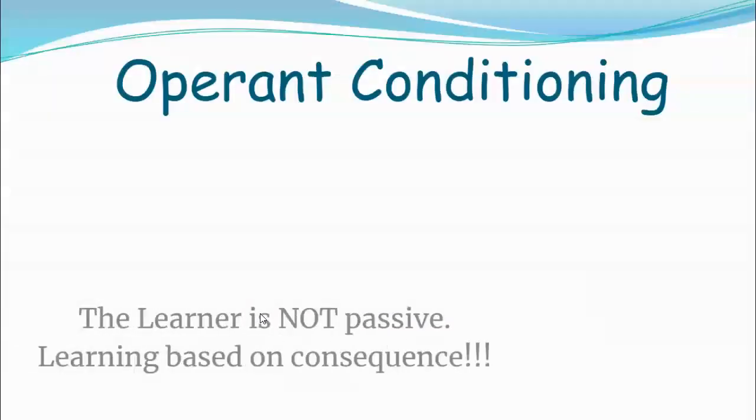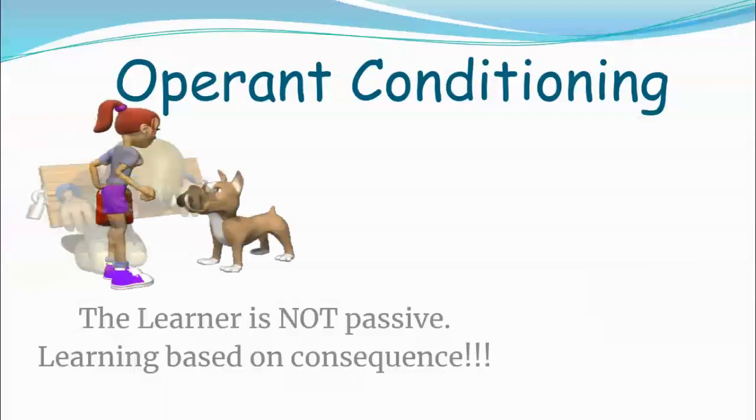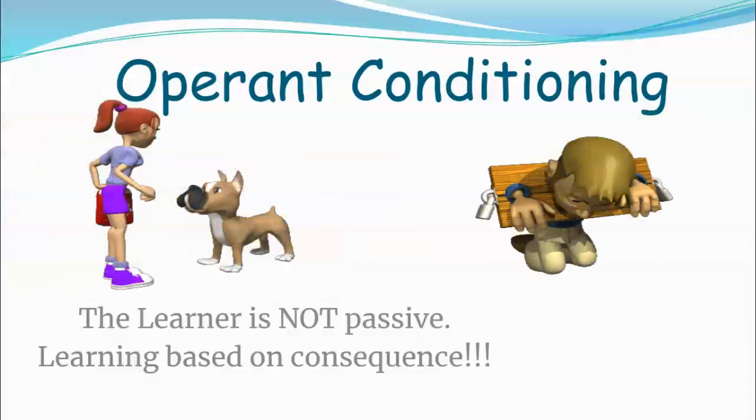Operant conditioning, let's go back to classical conditioning. If you remember correctly, in classical conditioning the learner really is passive. Their reflex is acting on a stimulus, and they're not really making a choice at all.